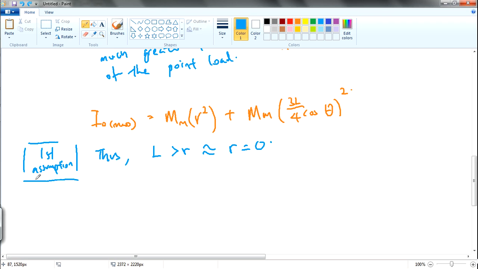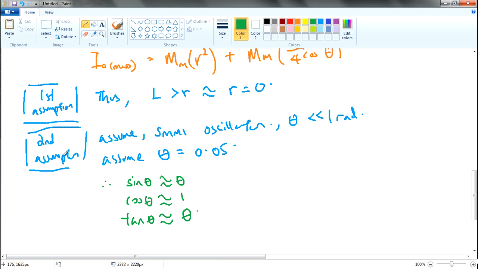The second assumption is to assume small oscillation, meaning theta is less than 1 radian, such that the angle in radians is much smaller than 1, like 0.05.